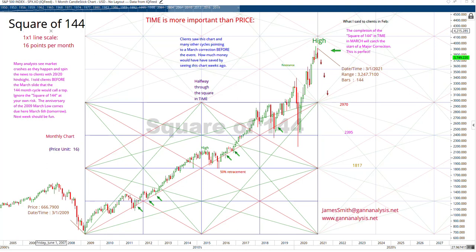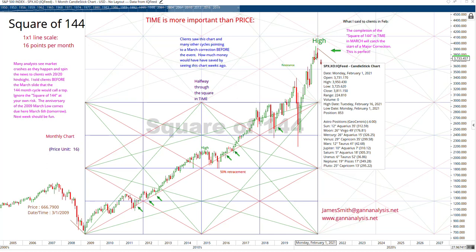I'm looking today at the square of 144 as it applies to the S&P. If you start from this low here in March of 2009, that's exactly 12 years ago, or 144 months into high, and you've got what looks like very soon to be a key outside reversal month down, or if you like candlesticks, a bearish engulfing pattern once you take out this swing low from this prior swing low from February around 37.25.